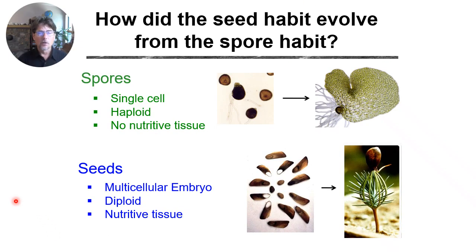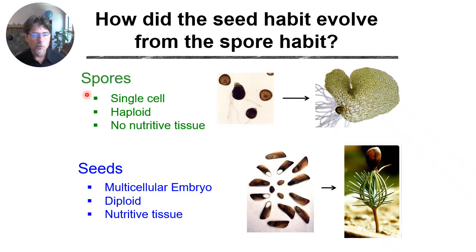And in order to set the context for this question, we have to think about the more primitive plants that we've already studied. So bryophytes and seedless vascular plants, they reproduce using a process that I would refer to as the spore habit.